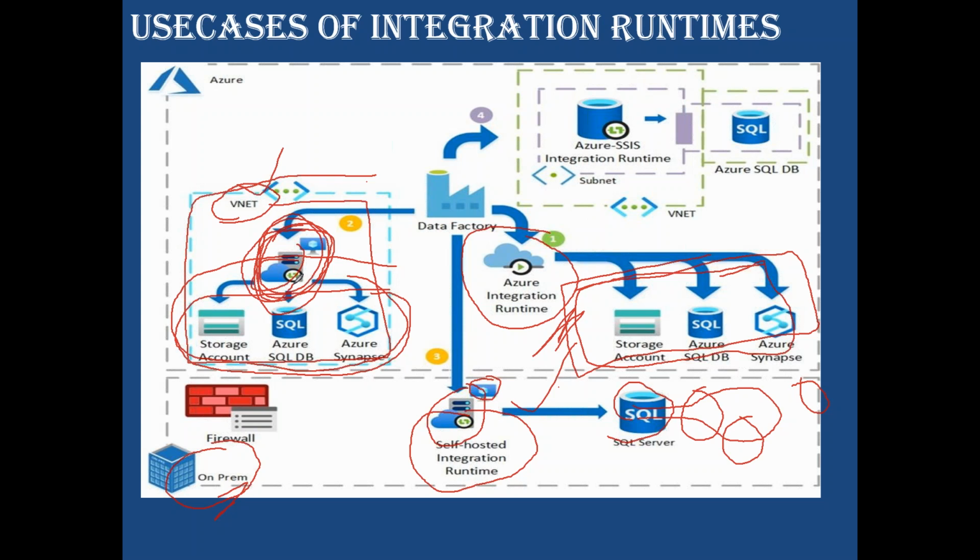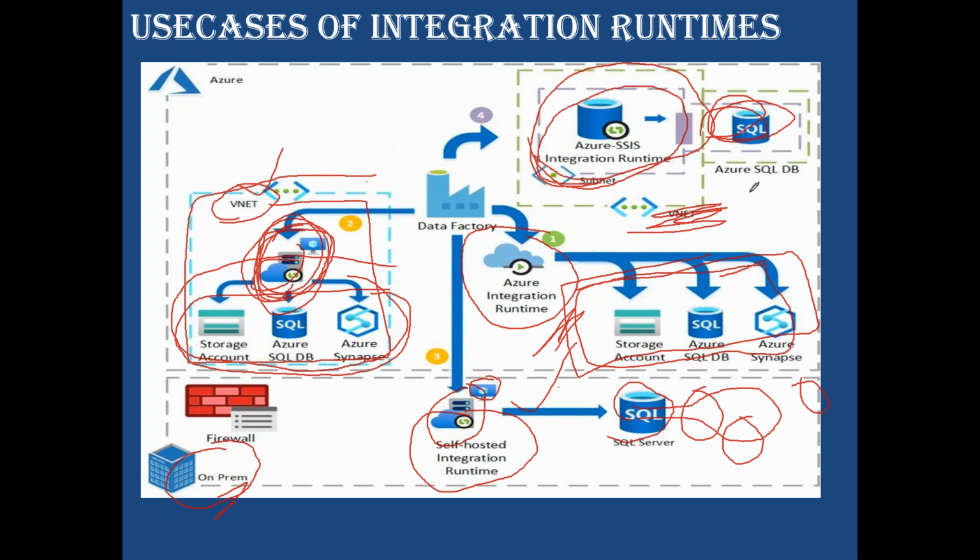The third and final thing you need to understand: if we have SSIS packages which are there in the Azure SQL DB, which is deployed inside the VNet, in that case we can use the Azure SSIS integration runtime. You can blindly remember, if you want to execute any SSIS packages, whether it is in the on-premise or in the cloud, we use only Azure SSIS integration runtime.